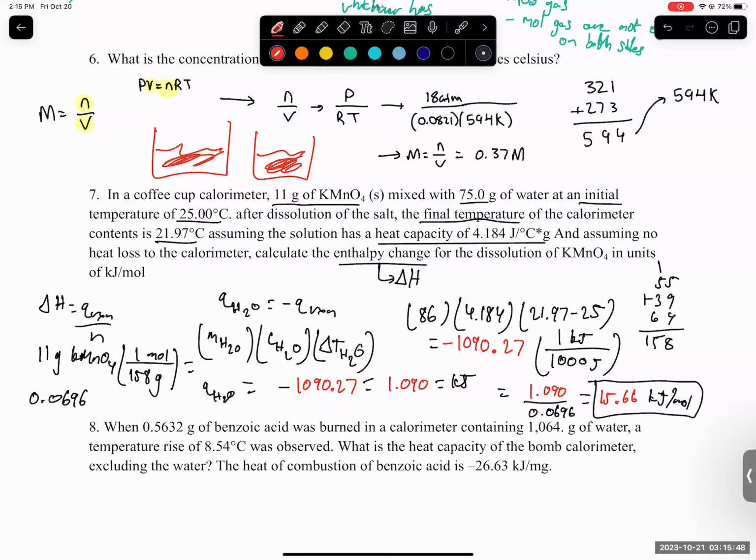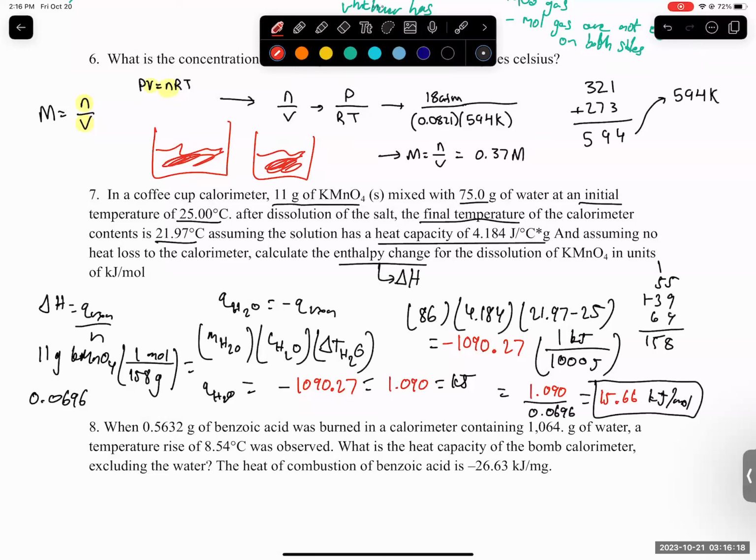The specific heat and delta T are exactly the same, so 4.184, and delta T is the same as it was. So you get negative 1090.27. Then from there, you do the same stuff. Negative Q of solution equals Q of the reaction. You solve that out, divide by the same amount of moles, and you should get a delta H of 15.66.